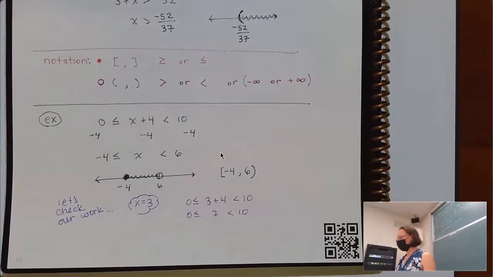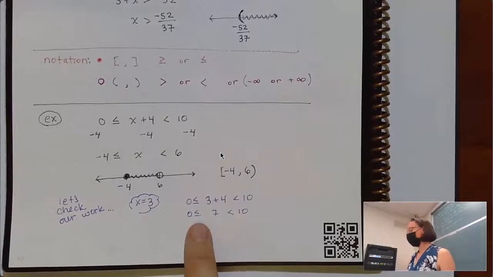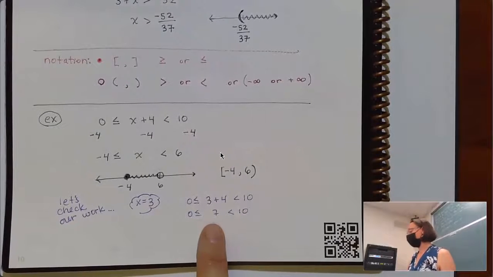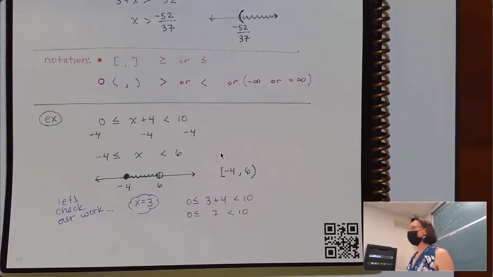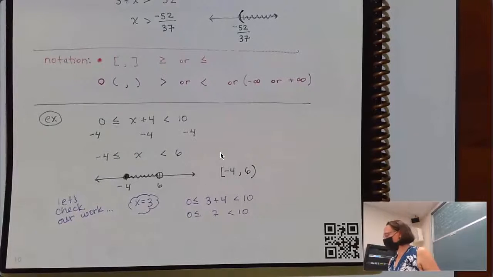So yeah, 7 is greater than or equal to 0, but it's also less than 10. I'm not sure if that's what you meant, but that is one way that you can check your work. For this particular one, it wasn't that complicated, but if it were messier, this is a good way to check it. We can do it for one of the more complicated ones too.